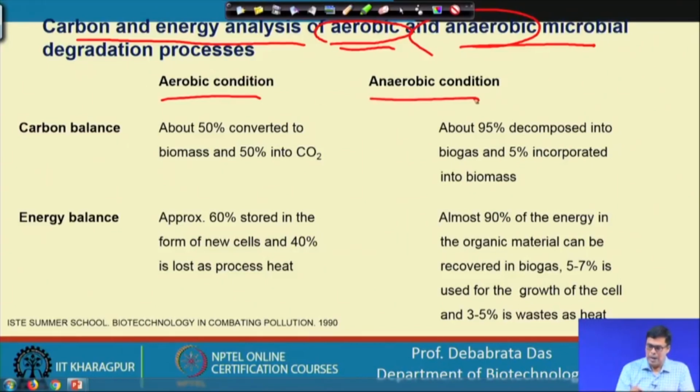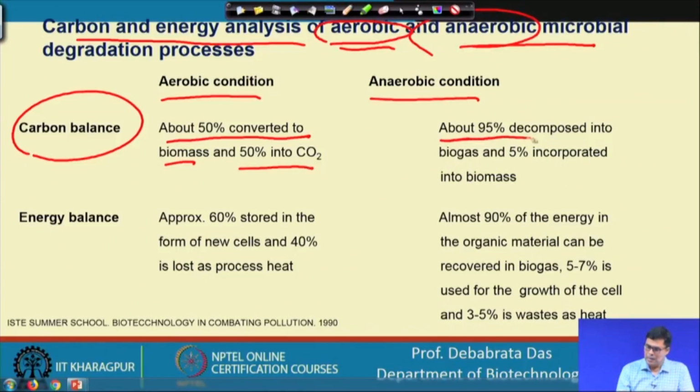If you look at the carbon balance, in the aerobic condition 50% of carbon is converted to biomass and 50% to carbon dioxide. But in the anaerobic process, 95% decomposes in the form of biogas, which comprises methane and carbon dioxide, and only 5% is converted to biomass. So here it is 50% and here it is 5%. This is the difference.